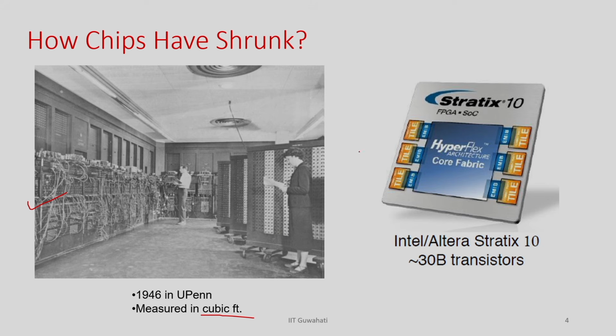And now we have this recent chip from 2018, which has 30 billion transistors. You can understand the kind of growth that happened in the electronics industry in the span of 50 or 60 years.